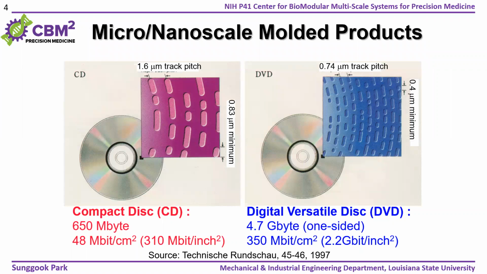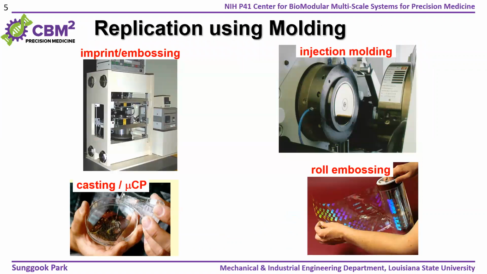Now, this is also one example of micro and nanoscale molded commercial products. The compact disc is basically microstructures, sub-microstructures, and DVD or Blu-ray disc has even smaller structures that you can easily find, right? So there are actually different molding techniques. Hot embossing or nanoimprint lithography is one, and injection molding.